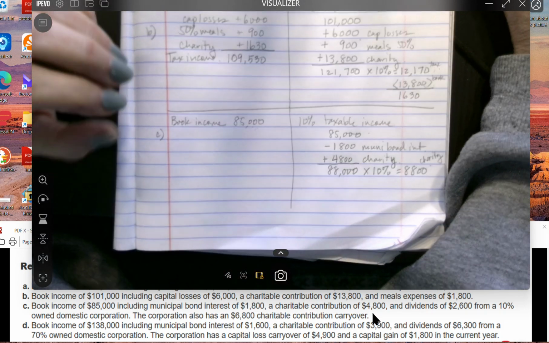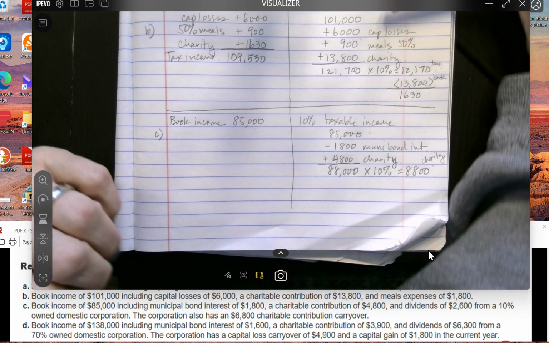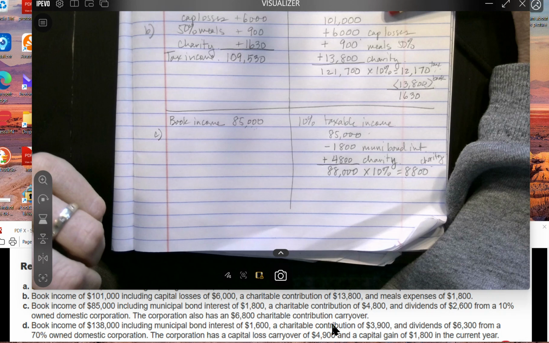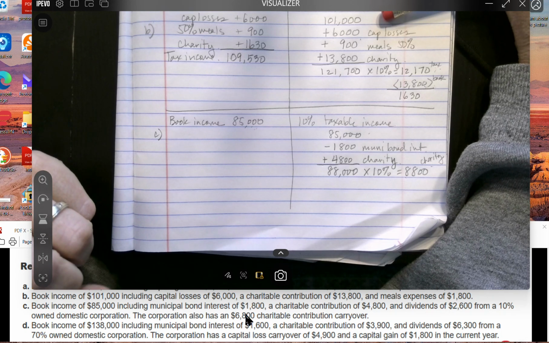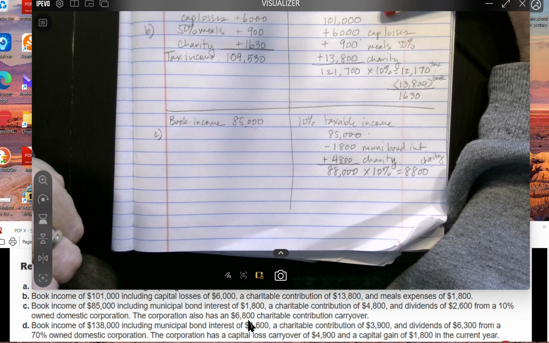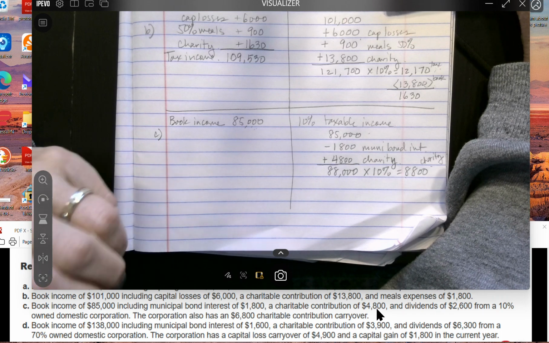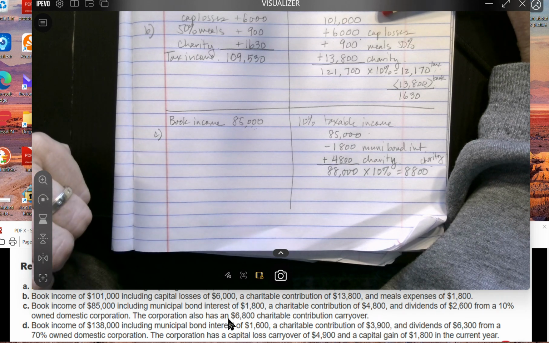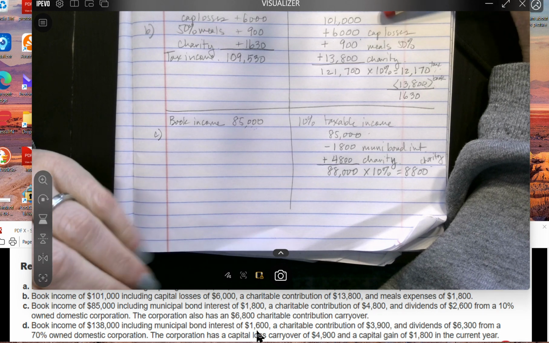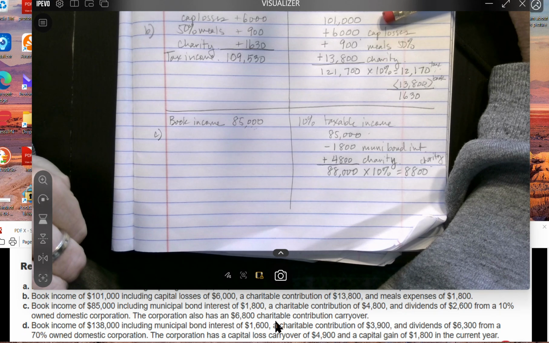All right. So this is what we can take this year, this $8,800. But if you'll see, we have this $6,800 charitable contribution carryover. So we're not going to be able to use all of that because we're going to take the $4,800 from this year, right? And then after we've absorbed that, we will then apply the $6,800 carryover.